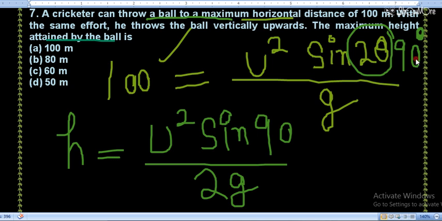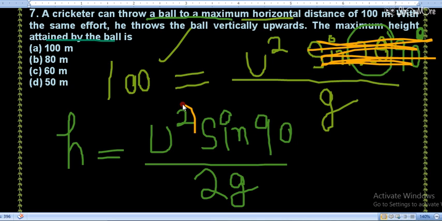That concept you studied in projectile. So this is sine 2 theta, 45 into 2, sine 90. So from the first equation, this term will be equal to 1, so we can eliminate this one. So u square will be equal to 100g.